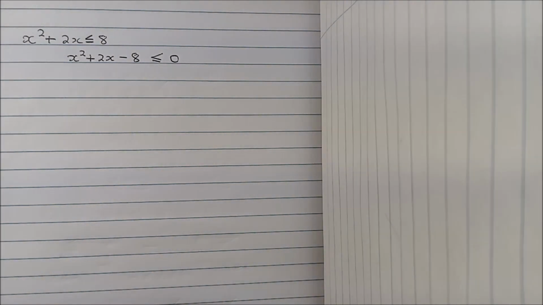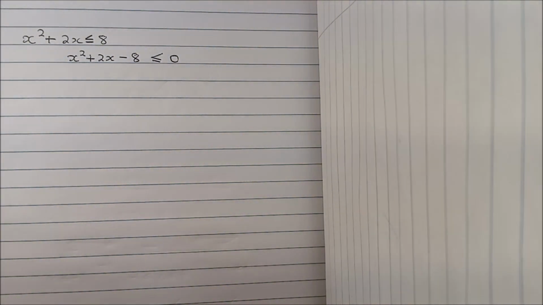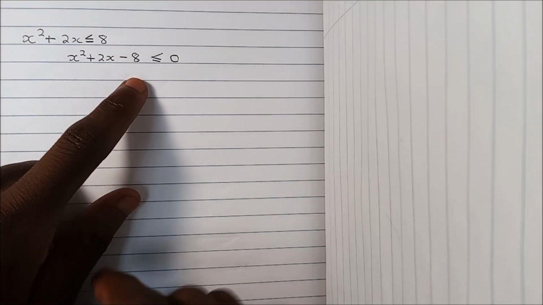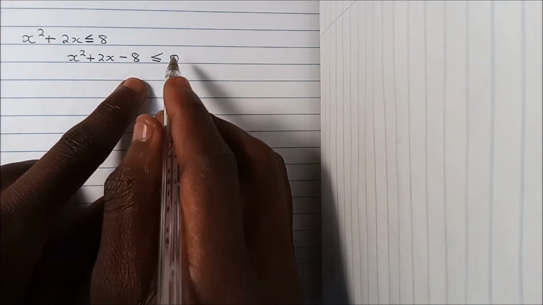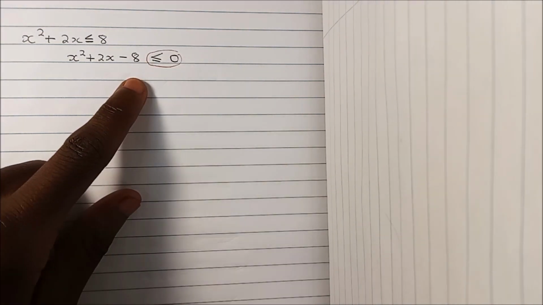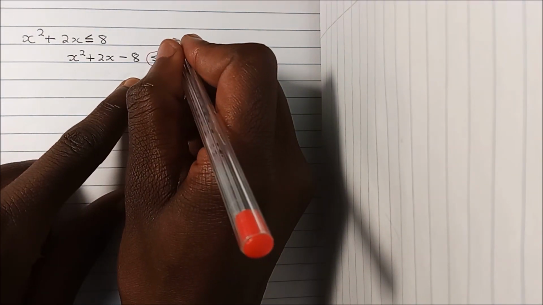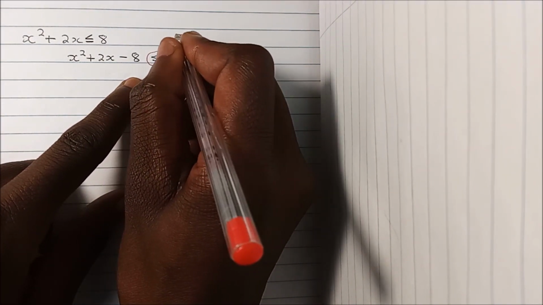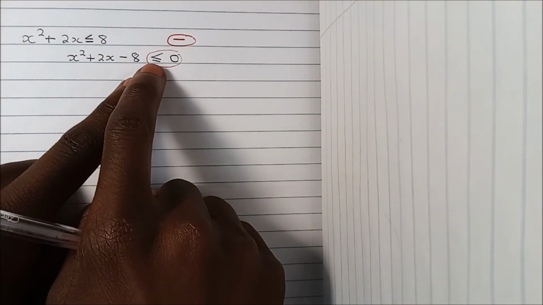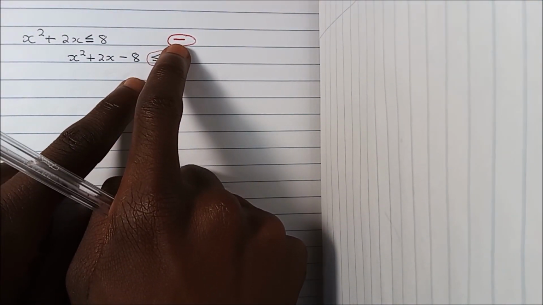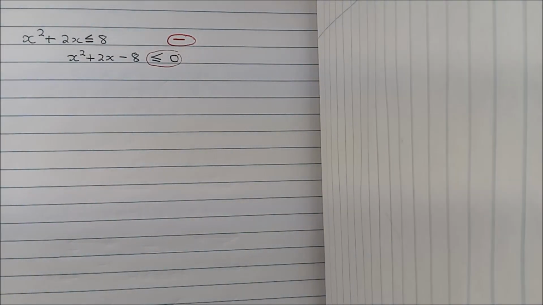If you are quick enough to react to these problems, you can see we have this part which is less than 0. What did we say about less than 0? We said it's negative. If it was greater than 0, it was going to be positive. So now you need to be quick in thinking.